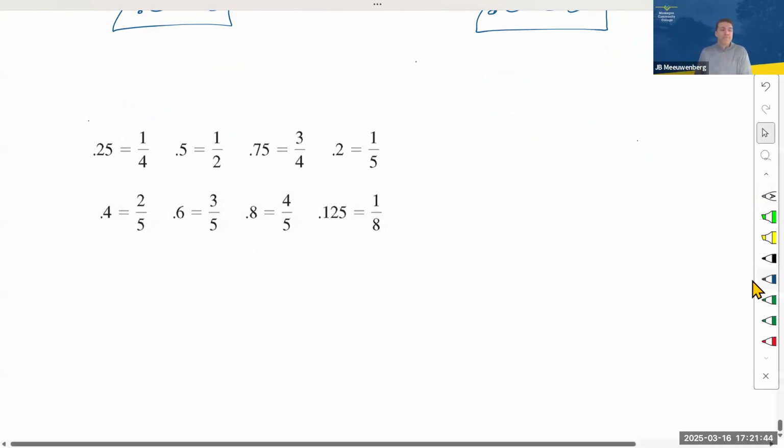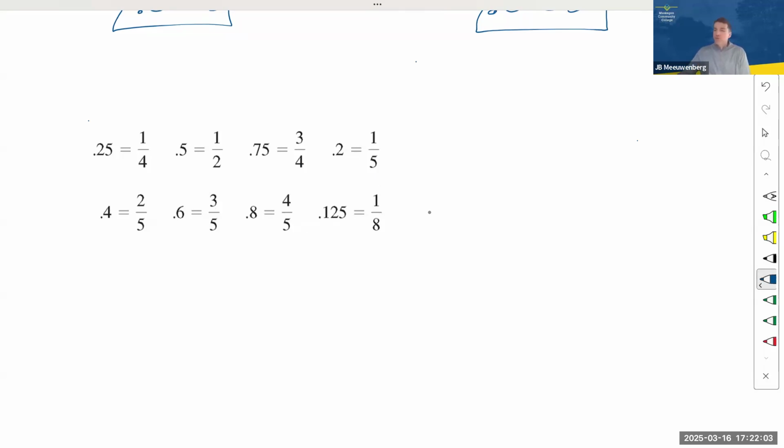These help with many, many mental computations. 0.25 is a fourth, 0.5 is a half, 0.75 is 3/4. 0.2 is 1/5. 0.4 is 2/5, 0.6 is 3/5, 0.8 is 4/5, 0.125 is 1/8. So those are good fractions to know and be aware of, because then you can do some substitutions, which may make certain calculations easier.